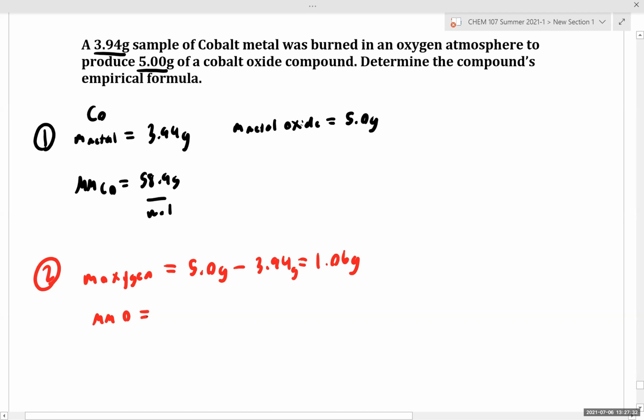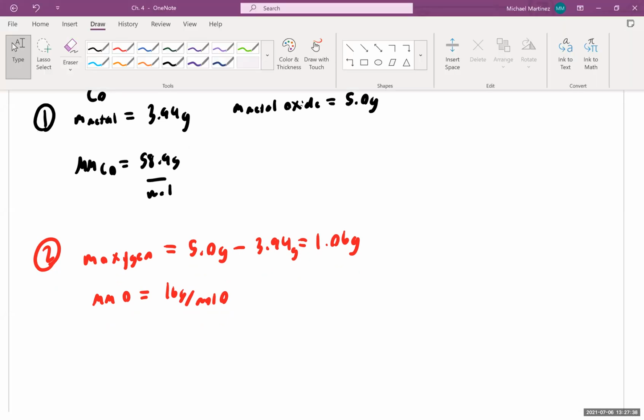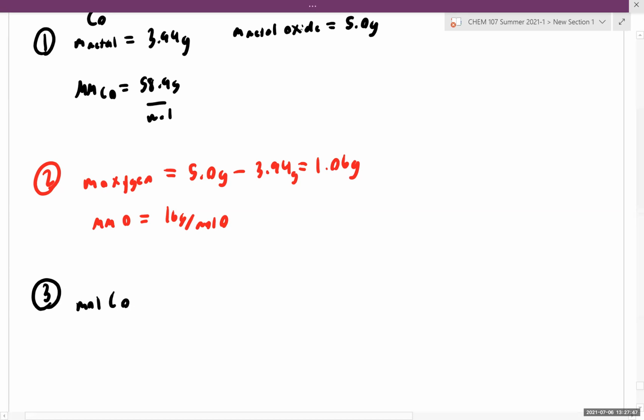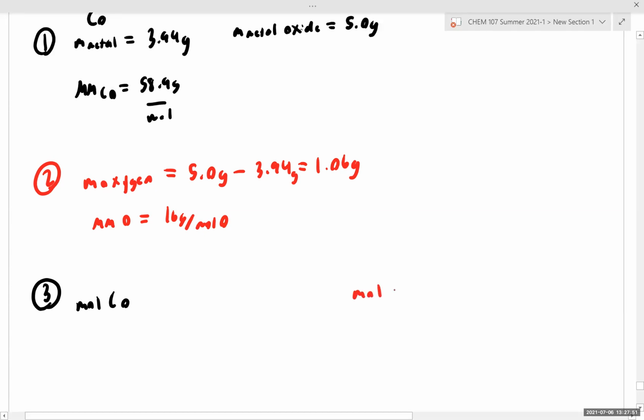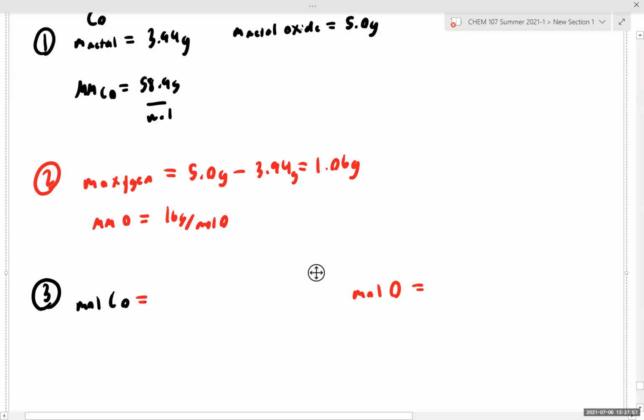And we know the molar mass of oxygen is 16 gram per mole. So with this information in mind, let's try to calculate the moles of cobalt and the moles of oxygen. So how many moles of cobalt do we have in our sample, and how many moles of oxygen do we have in our sample?